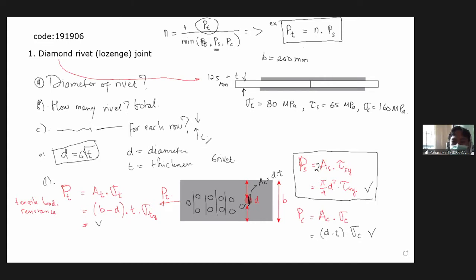So if I want to design the double strap butt joint like this, then the question is, what is the diameter of rivet? And how many rivet in total?